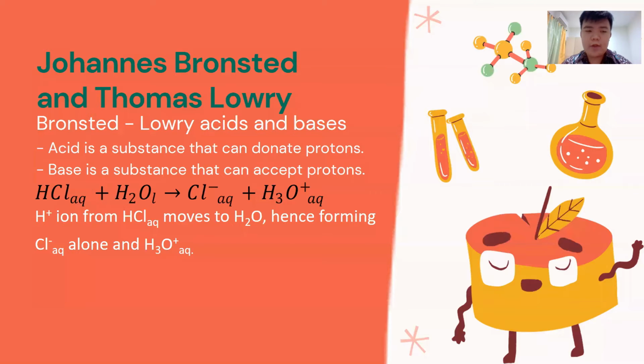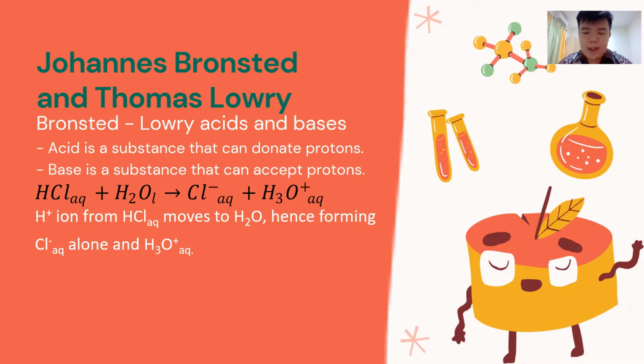The second definition of acid and base comes from Johannes Bronsted and Thomas Lowry. It is also called Bronsted-Lowry acid and base. The definition of an acid from Bronsted-Lowry is a substance that can donate protons, while a base is a substance that can accept protons.